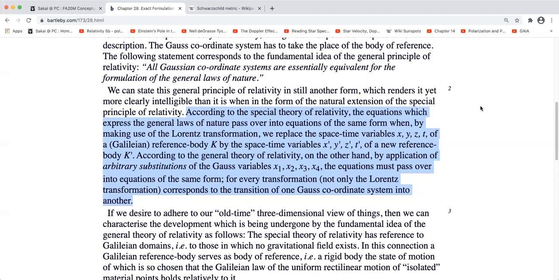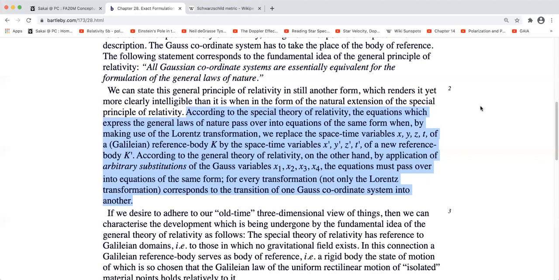According to the special theory of relativity, the equations which express the general laws of nature pass over into equations of the same form when, by making use of the Lorentz transformation, we replace the space-time variables x, y, z, t of a Galilean reference body K by the space-time variables x prime, y prime, z prime, t prime of a new reference body K prime.